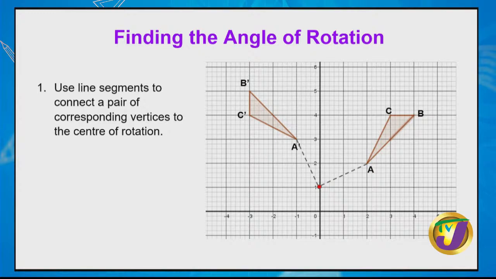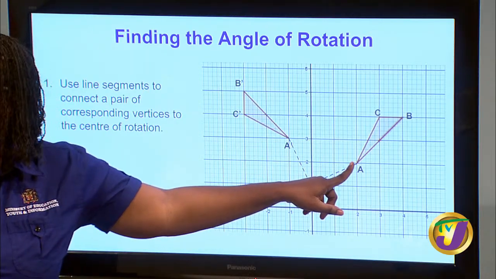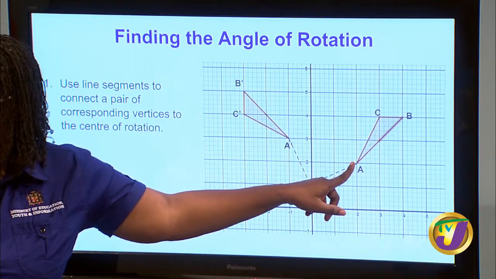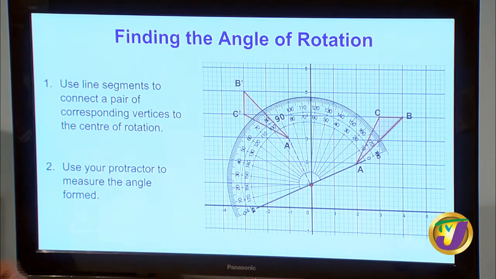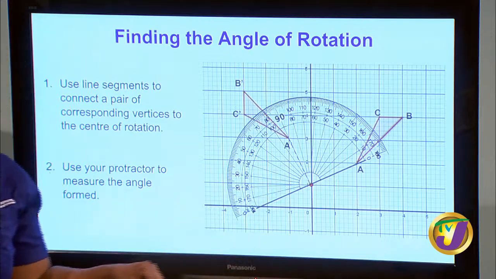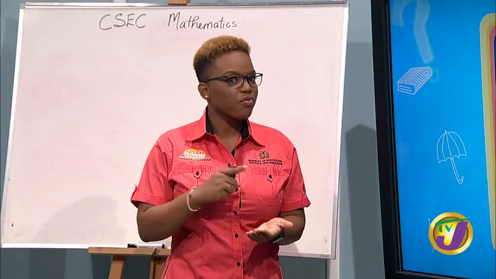And remember, we're measuring from the line segment from the center to the object, or the pre-image point. So let's see if we can get our protractor in and actually measure what's happening here. And remember, the center of your protractor needs to be at the center of rotation.